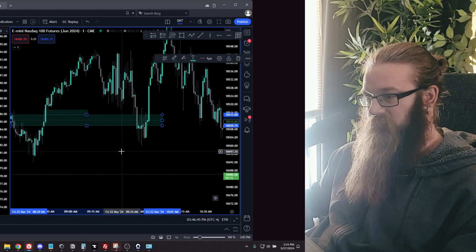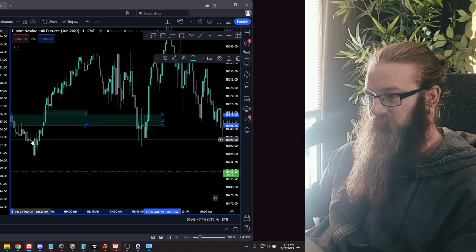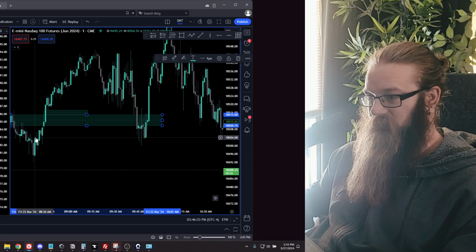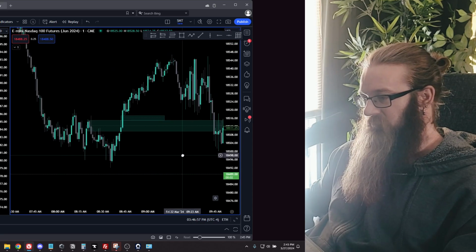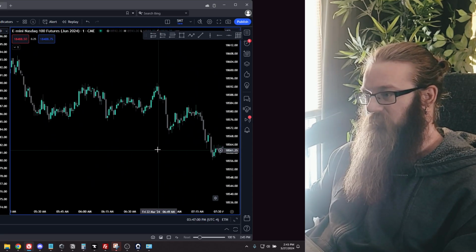Yeah, not really. Oh, there isn't really an order block over here either. Maybe this one. Down close candle, up close over it. But that one's harder to find.